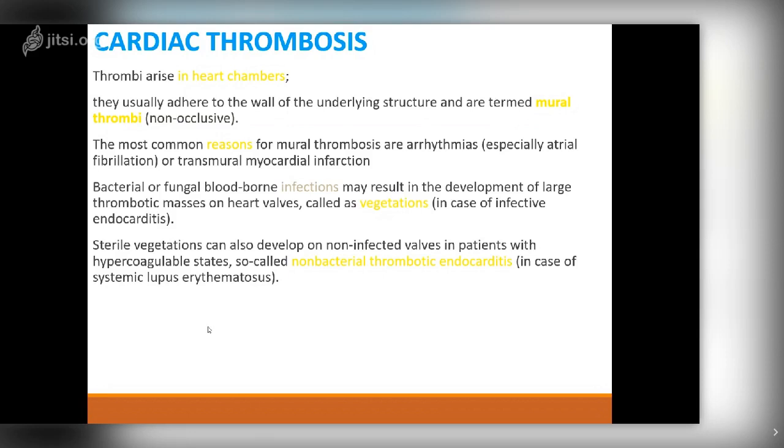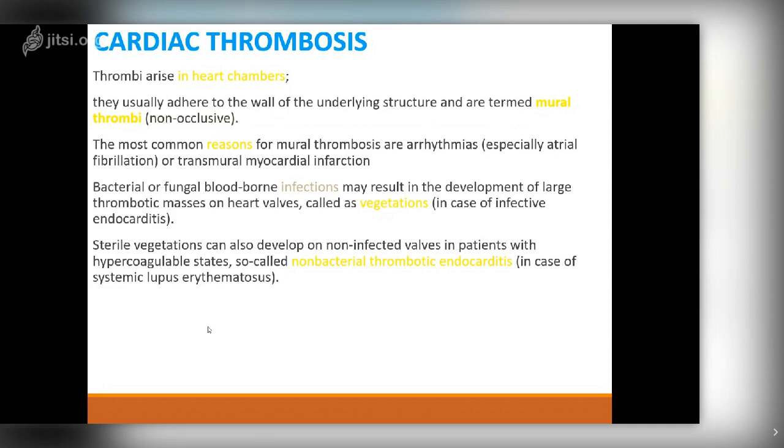The most common reason for mural thrombi is arrhythmias. Arrhythmias is abnormal contraction of the heart causing turbulence of blood flow inside of it. Or if, for example, there is transmural myocardial infarction through all the layers of the heart, with damage of endothelium, endocardium, and superimposing of the thrombus.